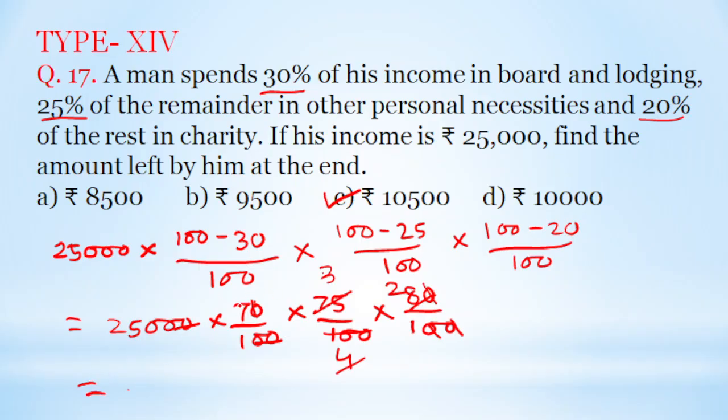When this is multiplied, here 250 into 7 into 3 into 2, it becomes 10,500. Here the rupee symbol. So that means option C is the right answer.